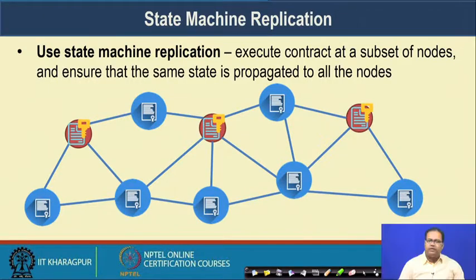In the last class we looked into this concept of state machine replication, where we have seen that you do not need to execute a smart contract on all the nodes.